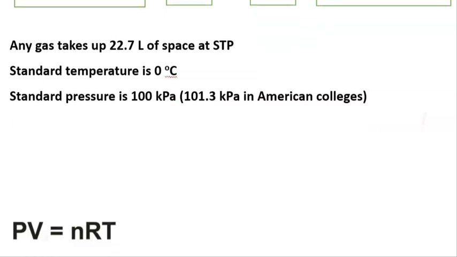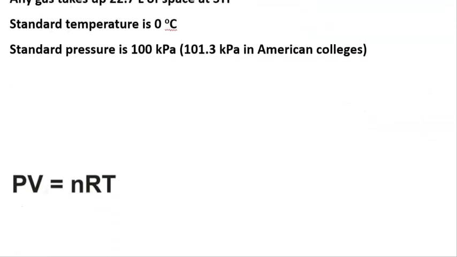But what we can use is PV = nRT. Now, PV = nRT is the ideal gas law. It is a calculation using an ideal gas, which is defined by the kinetic theory of gases. But we assume that the gases are ideal and we can use this. You should know by now that R is a constant.